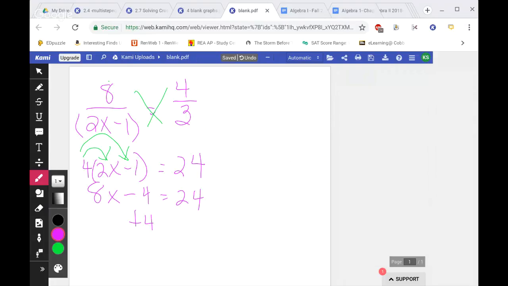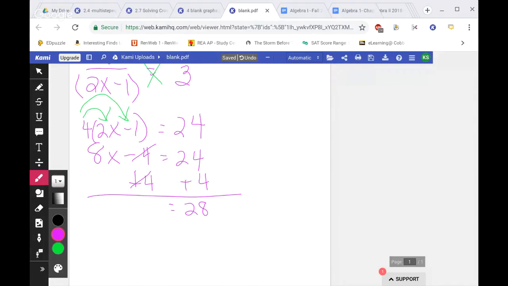And now I'm going to add 4 to both sides in order to get rid of my 4 there. Try and get my variable all by itself. That gives me a 28 on this side. So this is going to be 8x equals 28. And then I'm going to divide both sides by 8. 8 goes into 28 3 times.